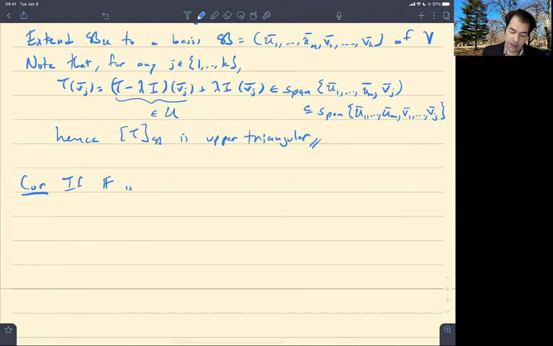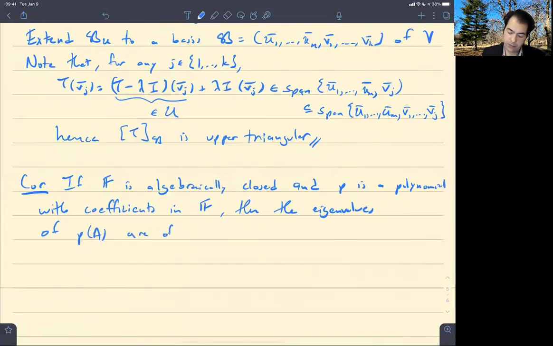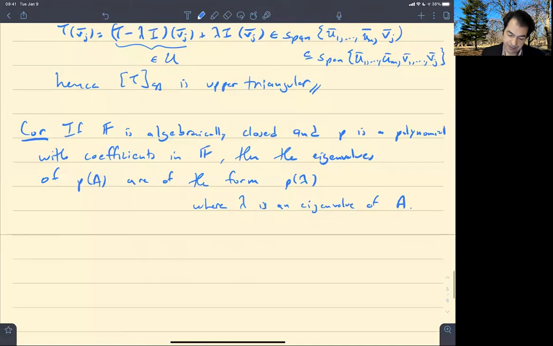Let's say that F is algebraically closed, and P is a polynomial with coefficients in F. Then the eigenvalues of P of A are of the form P of lambda where lambda is an eigenvalue of A.